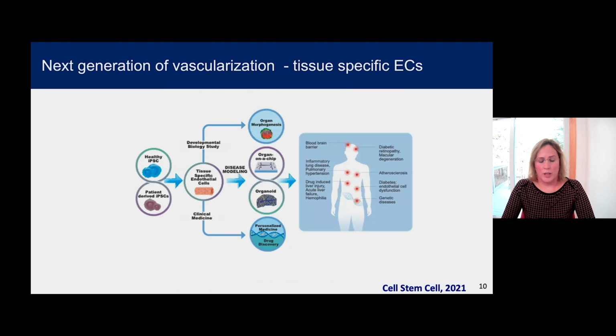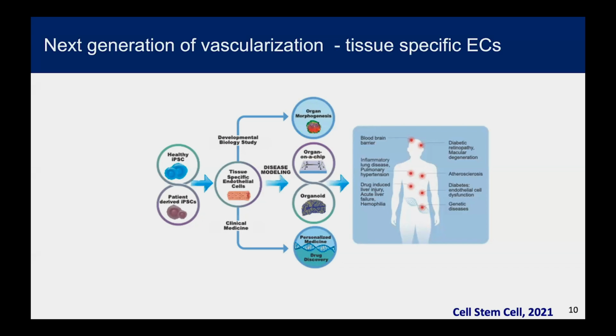But in general, where we think this area is going, and I think Gordana gave a good overview of what we can do with these cells at large scales and also in organoids on a chip, is towards tissue-specific endothelial cells, where we'll be able to analyze how the endothelial cells impact a specific tissue or the tissue environment they're in, and vice versa, how the tissue environment regulates the functioning of these tissue-specific endothelial cells.